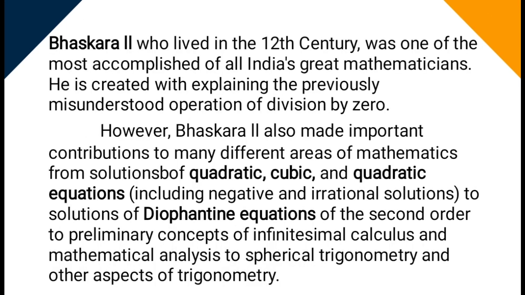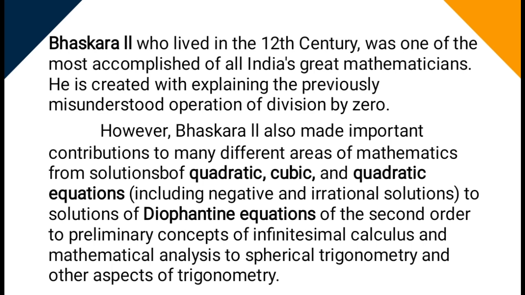Bhaskara II, who lived in the 12th century, was one of the most accomplished of all India's great mathematicians. He is credited with explaining the previously misunderstood operation of division by zero.